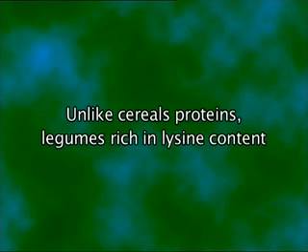Legumes have globulins as a major storage protein, and unlike cereal proteins, they are rich in lysine content. Combined with whole grains like buckwheat, brown rice, and millet, beans and legumes not only make a delicious meal but often also provide the full complement of essential amino acids needed by humans.